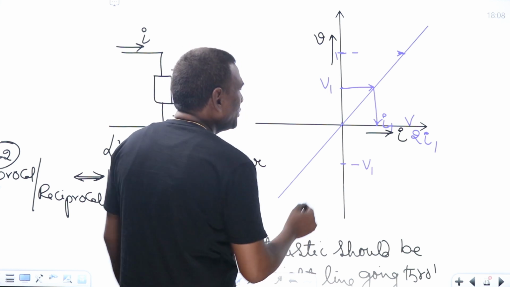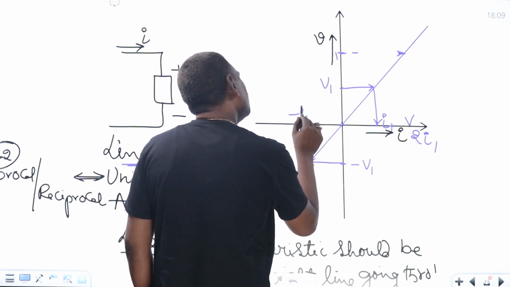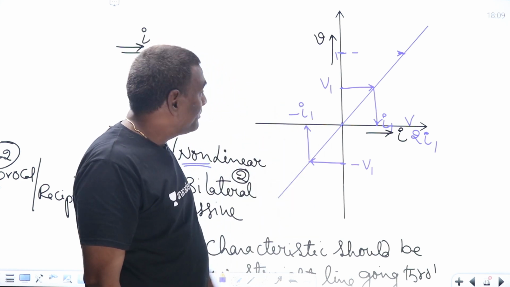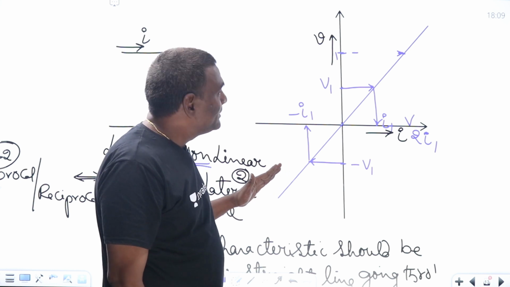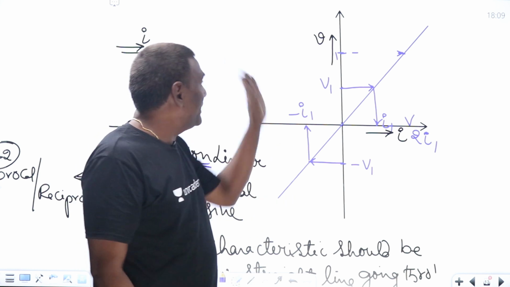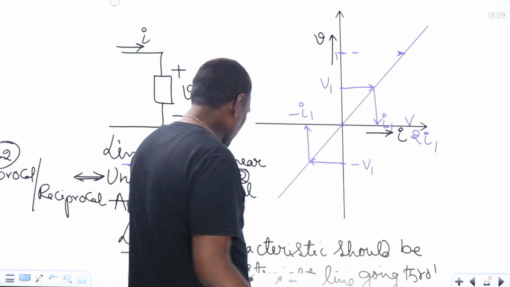If you reverse it, automatically the current also should be reversed. Is it going to happen or not? Yes. Why is it happening? Because my characteristic is symmetric between first and third quadrants, or the same thing between second and fourth quadrants also.